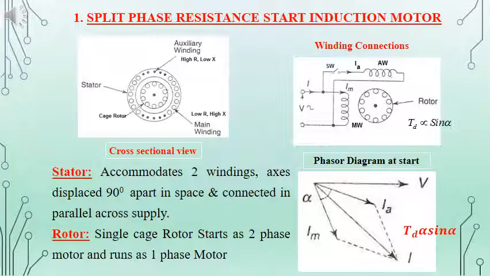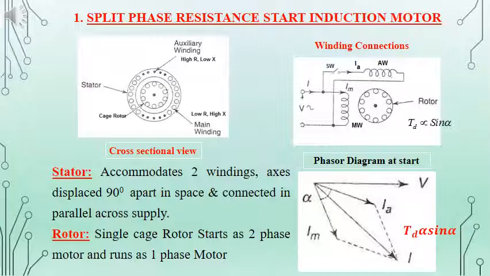The rotor side is the same as that of the ordinary plain single-phase induction motor, that is, the cage type rotor. The auxiliary and main windings on the stator side are displaced by 90 degrees in space. Here the phasor diagram is also given.